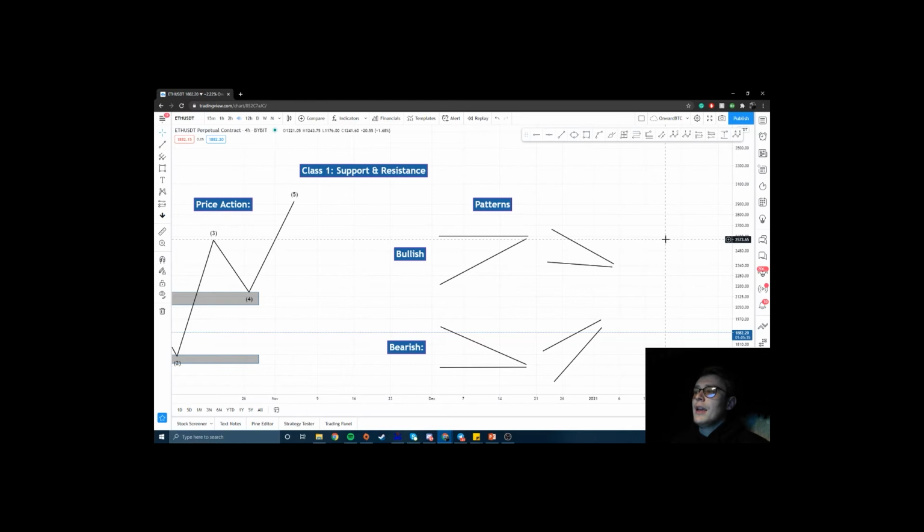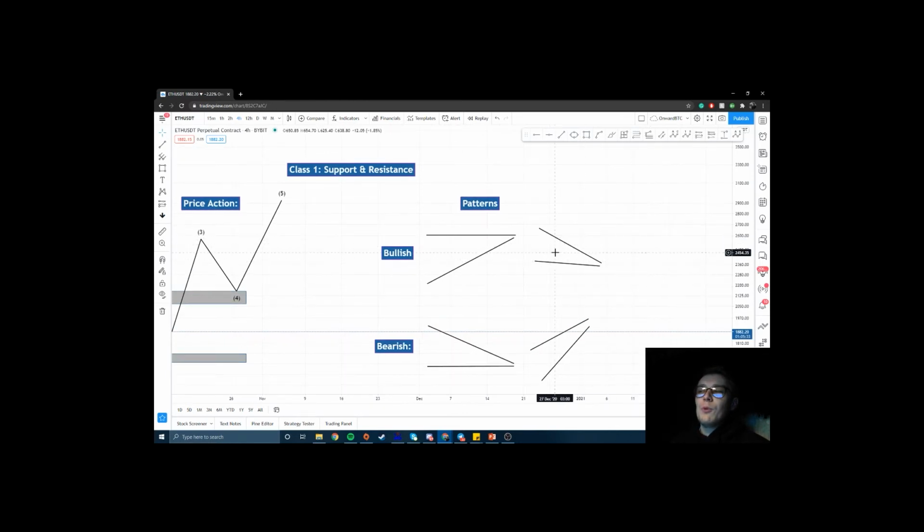So you might be confused as to why a descending wedge is considered bullish, in the sense that price action is contracting to the downside. Well, without getting into it too much, since both trend lines are sloping, that means there's going to be dynamic change, right? So there's going to be changes in both supply and demand.